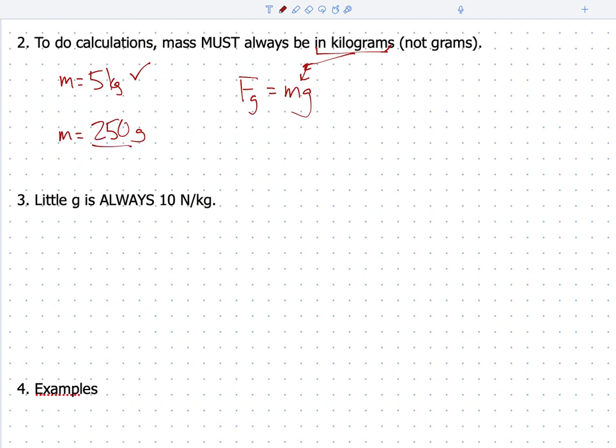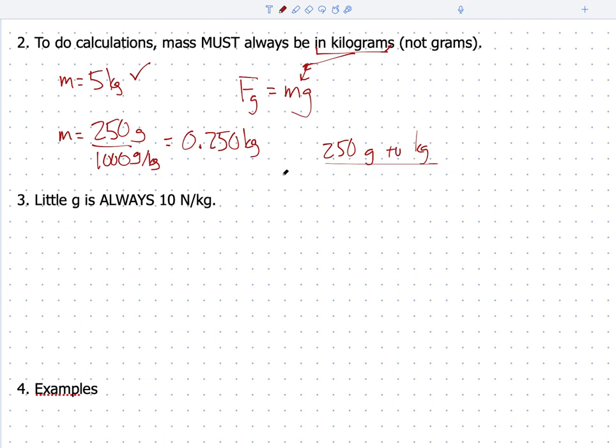You can convert mass in grams to mass in kilograms simply by dividing by 1,000, because there are 1,000 grams in every kilogram. So a mass of 250 grams is the same thing as 0.250 kilograms. Something else you can do is literally put into Google 250 grams to kilograms, and that will convert it for you as well, or Siri will do it for you.